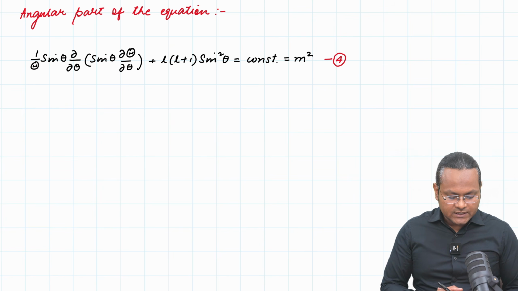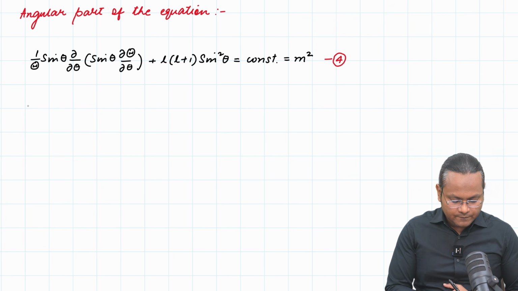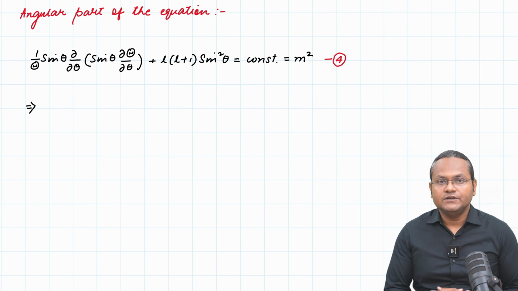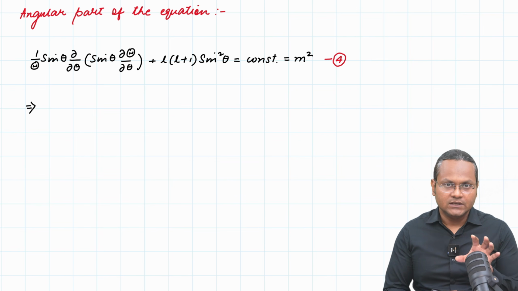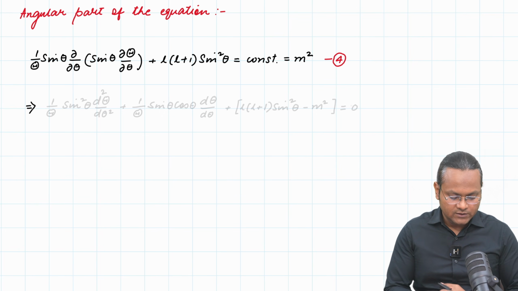Simplifying this equation is not very difficult. The partial derivatives will become ordinary derivatives because it's a derivative with respect to theta, and the function is a function of the single variable theta.